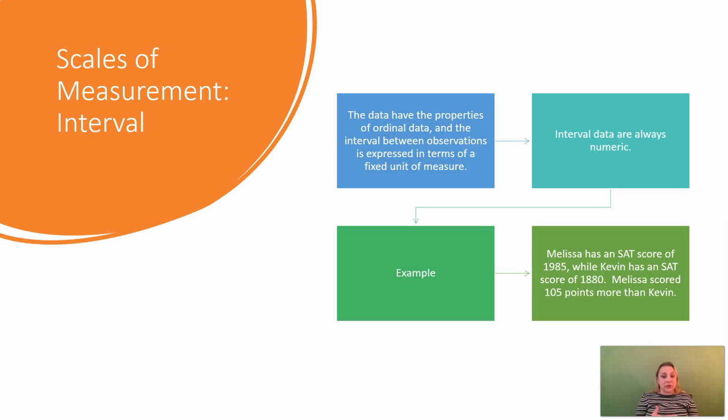And so here would be an example. We have Melissa with an SAT score of 1985 and Kevin has an SAT score of 1888. And so Kevin scored 105 points less than Melissa did. And these are very set intervals, set amounts, and it gives us meaningful information.